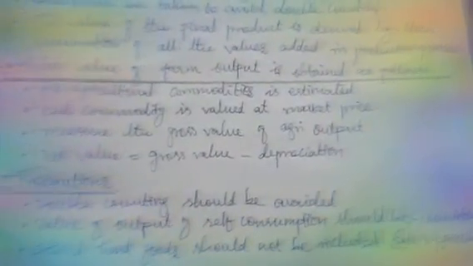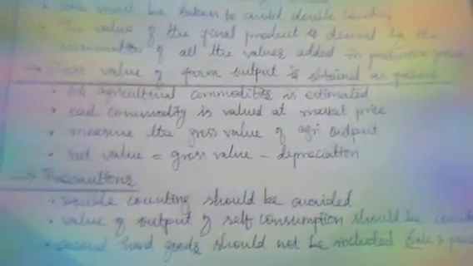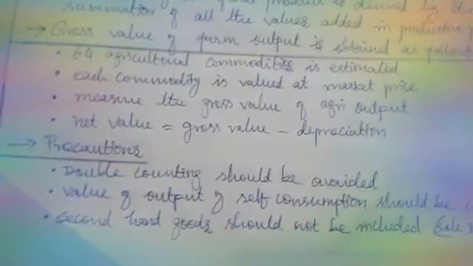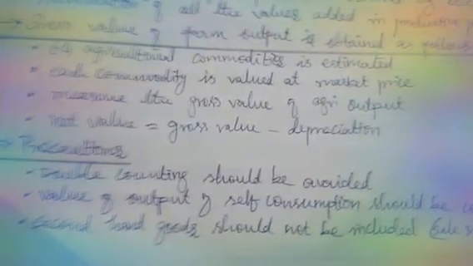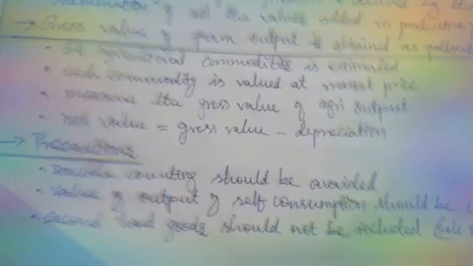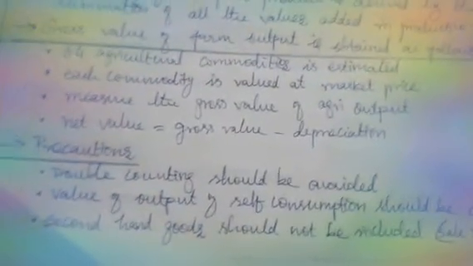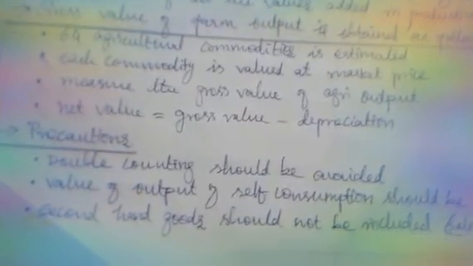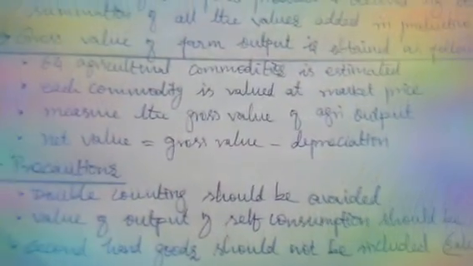Here, for our example, the gross value of farm output is obtained as follows. The total production of 64 agricultural commodities is estimated, and each commodity is valued at the market price when it goes to the market for sale. This measures the gross value of the total output of the 64 commodities, and then the net value of agricultural output.